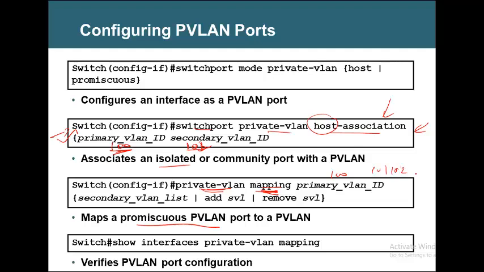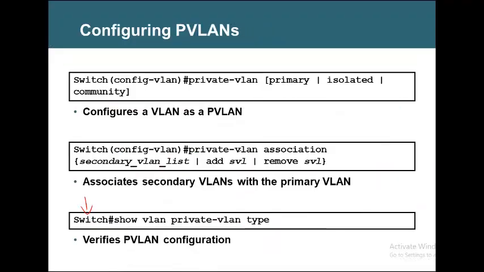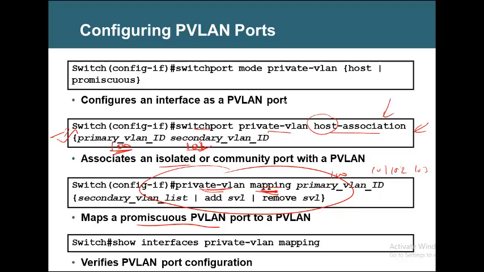Almost a similar thing we also did with the association command on the previous page. This is VLAN primary VLAN association. On the interface, we did host association and, on the promiscuous port, mapping.